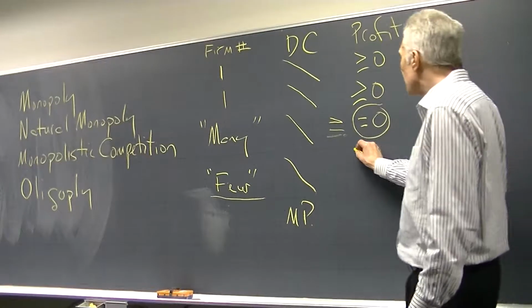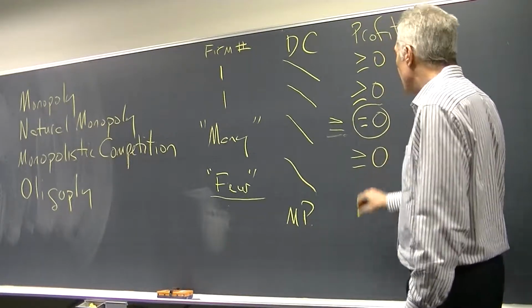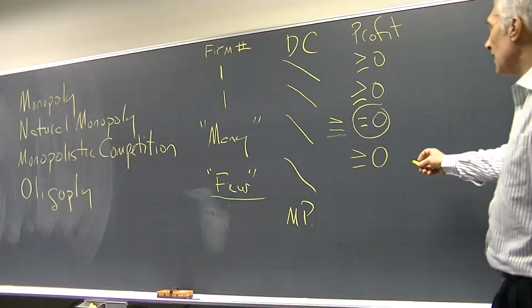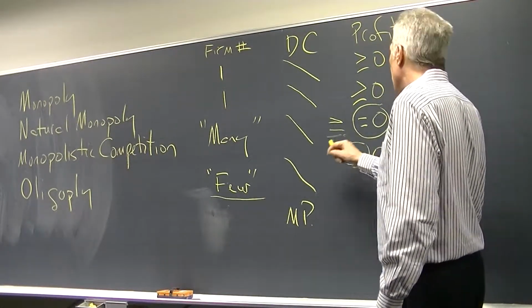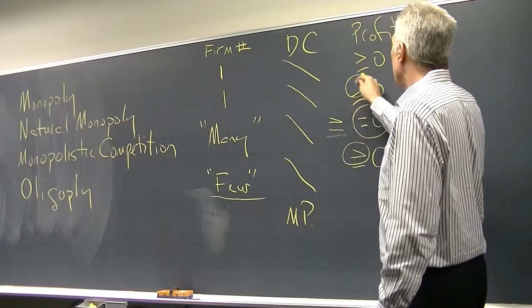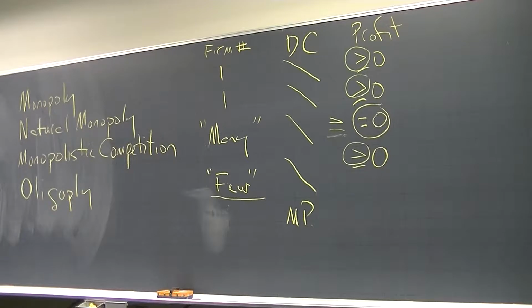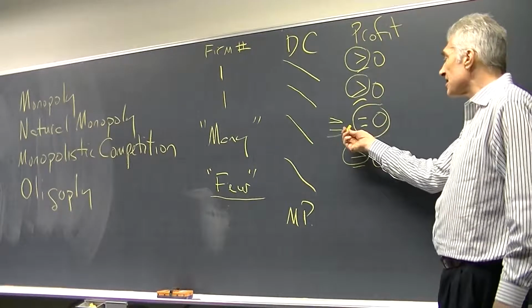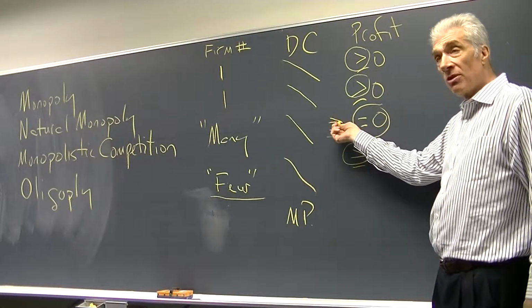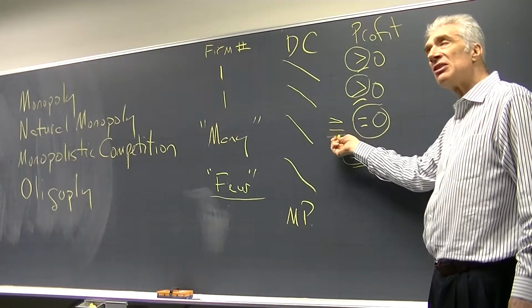Oligopoly, typically greater than or equal to 0. In oligopoly, natural monopoly, and monopoly, it's more likely to be greater than 0. In other words, there is economic profit, above normal profit, but it could be 0. Monopolistic competition could be above normal, but it tends more to be 0.